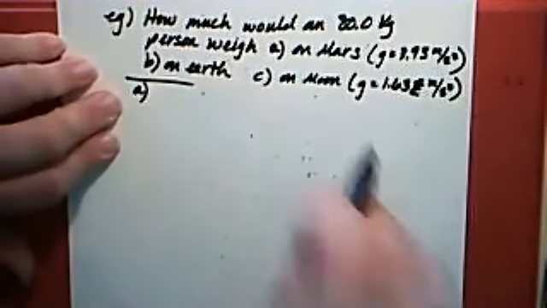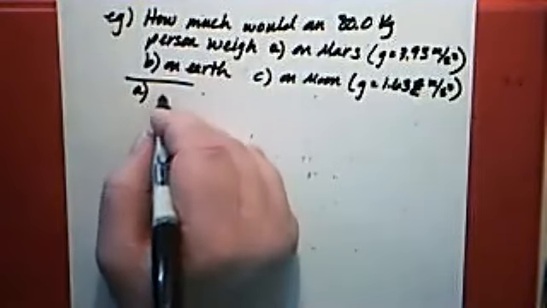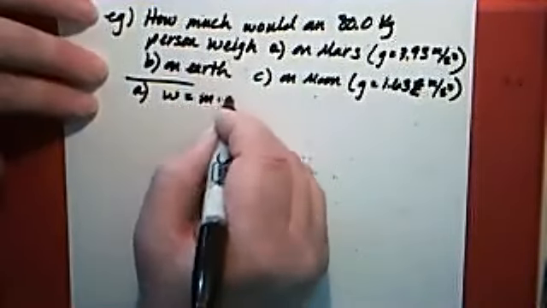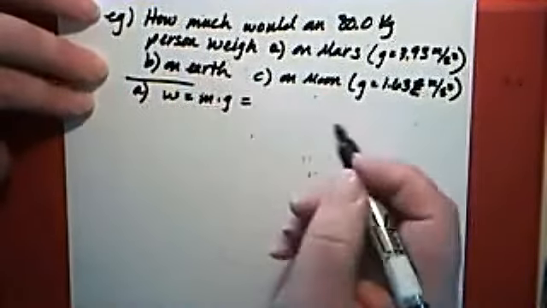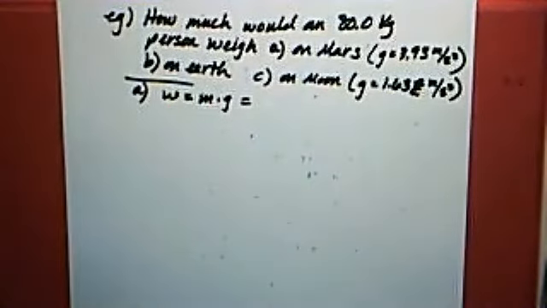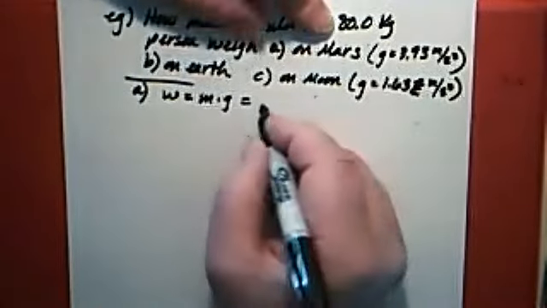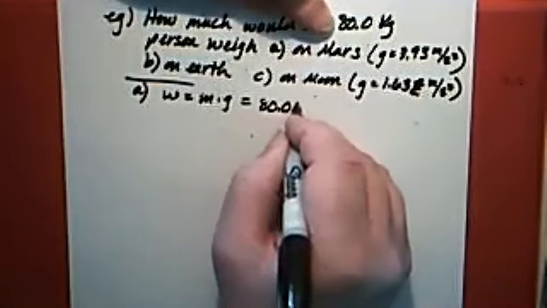Okay, so A, on Mars, weight, again, is just mass times gravity. And as long as you have compatible units, SI units, then you can just multiply them. Kilograms is the SI unit for mass, so we can use that as it is.